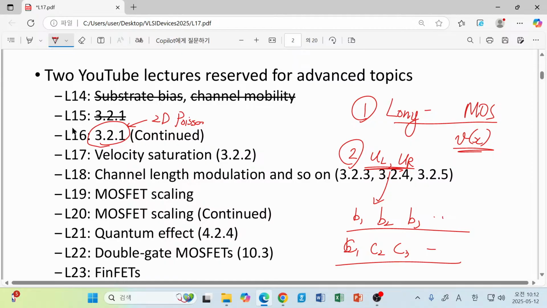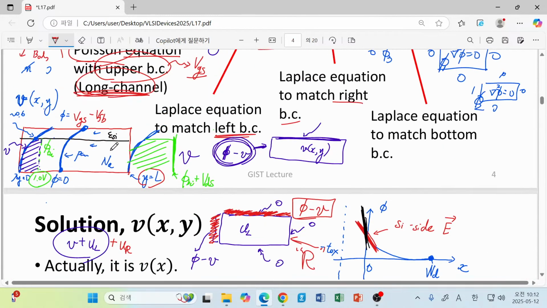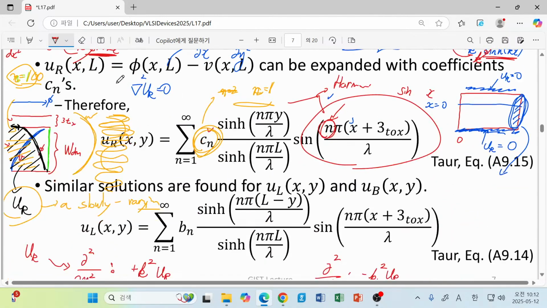But as I told you before, the shape of our boundary condition just looks like this, a slowly varying function boundary condition. So higher order expansion doesn't make any big impact to our coefficient. So we are allowed to use just the lowest order one.